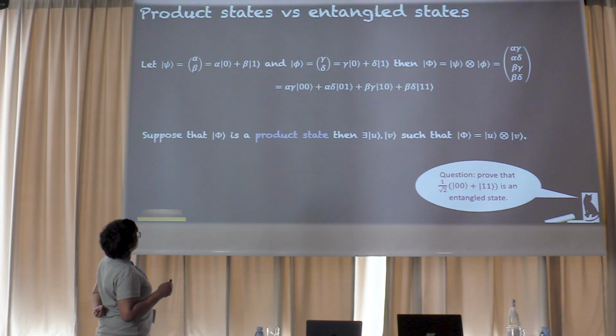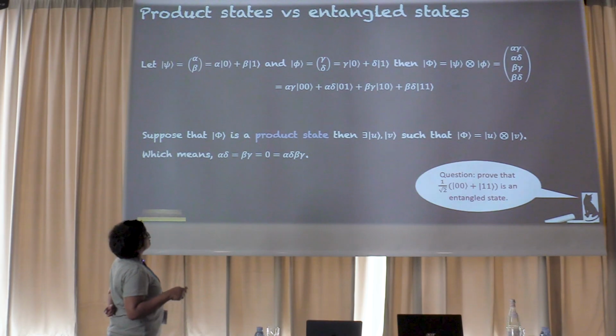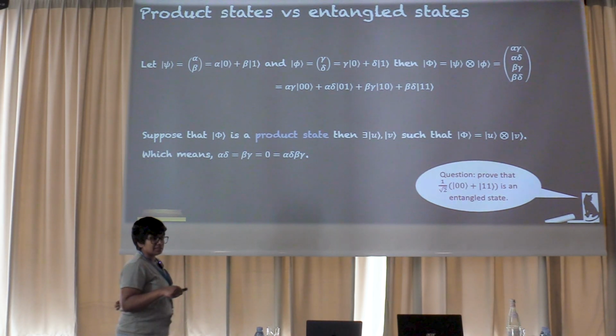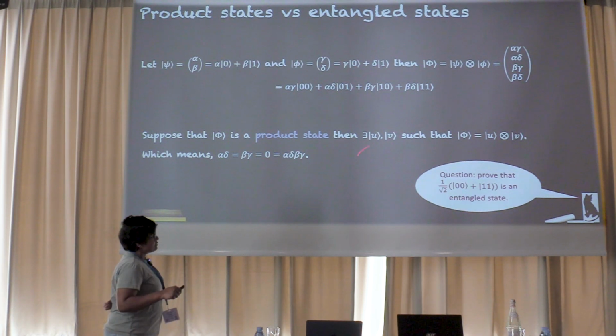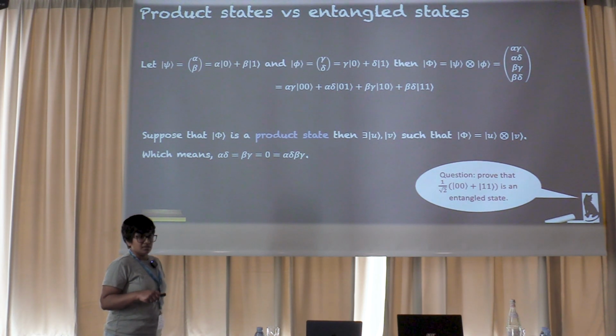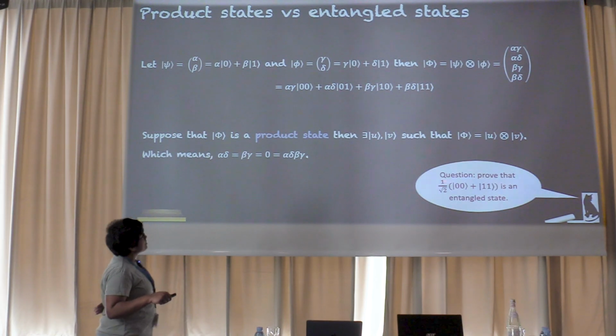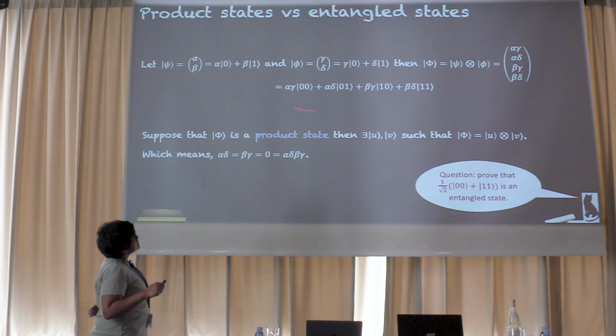Now, let's see the reason why this is an entangled state. How do we prove it? We prove it by contradiction. Let's say this state was not an entangled state. Then it must be a product state, and it must have some representation in this way, where I write it as alpha gamma, and so on. But if I have this representation, there are two terms that should have 0 coefficient, and two terms that should have 1 by root 2 as coefficient. The two terms that have 0 coefficients mean my alpha and delta should be 0, and my beta and gamma should be 0.